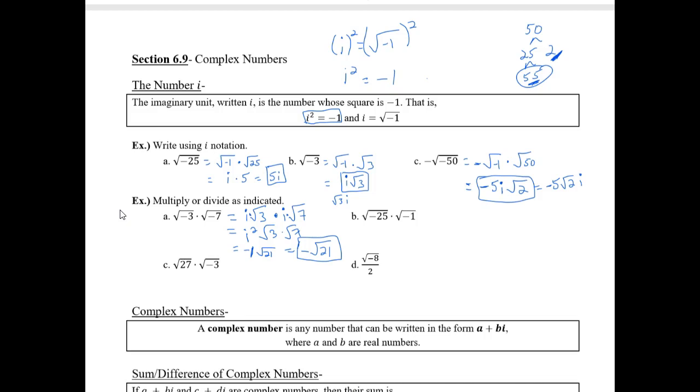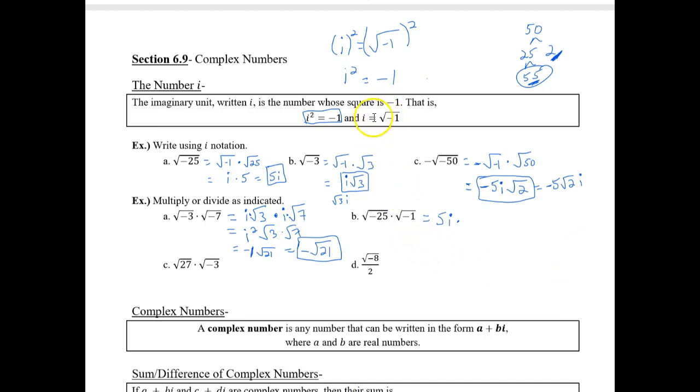We're going to do the same thing in part B. We have to rewrite it in the i notation first. So the square root of negative 25, we learned up here, was 5i, because the square root of that negative is i, and the square root of 25 is 5. So I get 5i times the square root of negative 1.